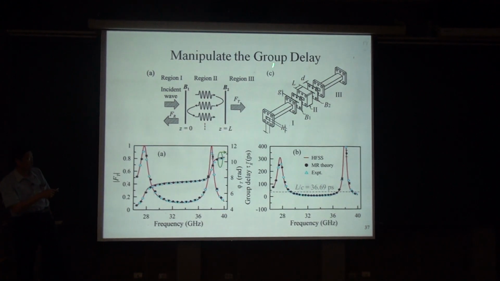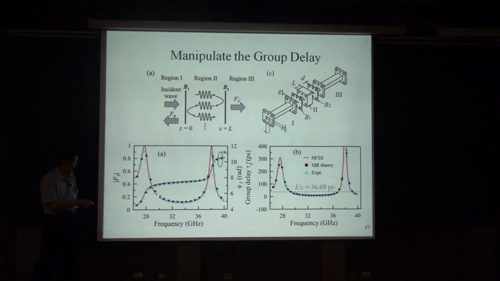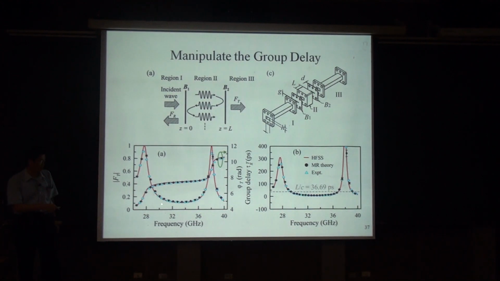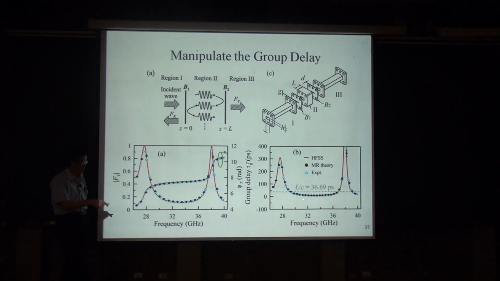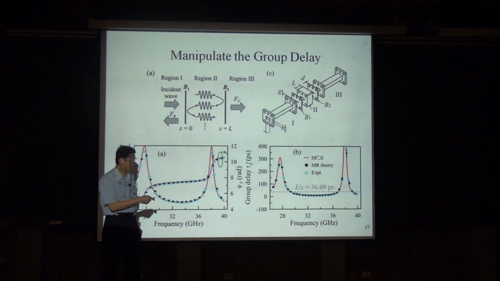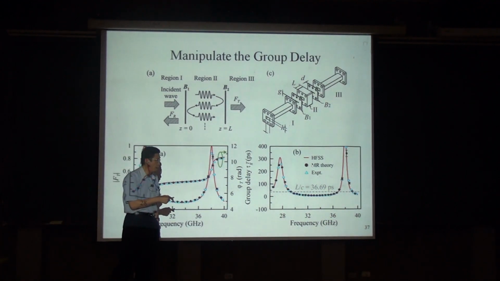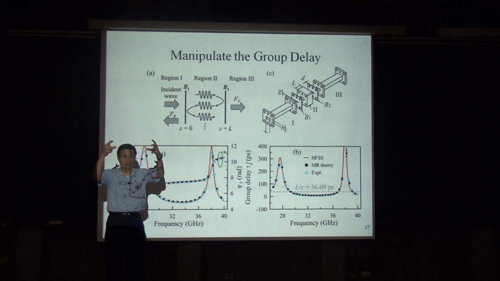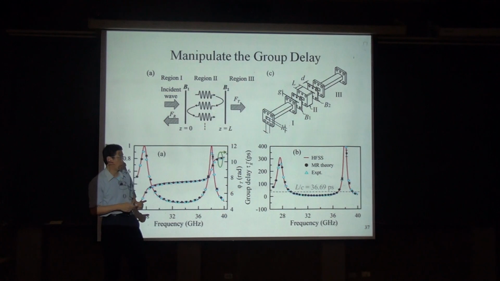So this is a simple model, as I just showed you. This is the transmitted amplitude. This one corresponds to phase, and this is the transmitted amplitude. In this case, the transmitted amplitude is about the same. As you can see here, this is the simulation result from multi-mode theory, that is, we reduce multi-mode into one.